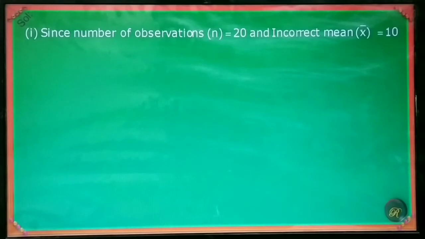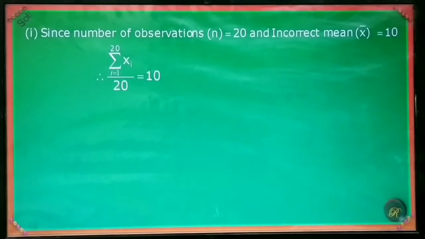Since number of observations n is equal to 20 and incorrect mean is equal to 10, therefore sigma xi, i is equal to 1 to 20, divided by 20, that is the mean, is equal to 10.